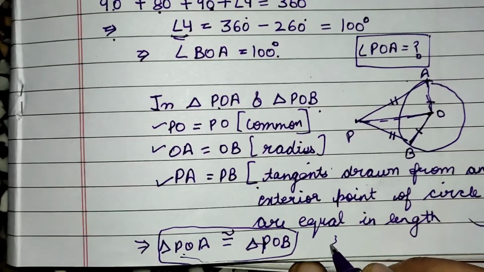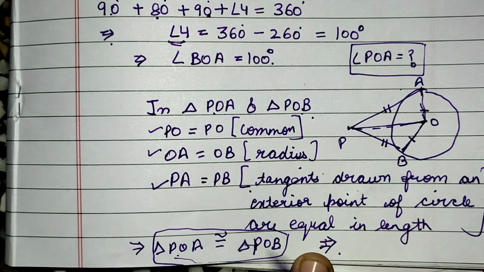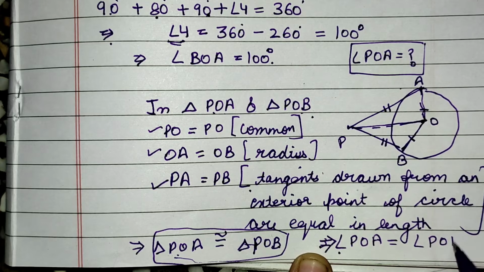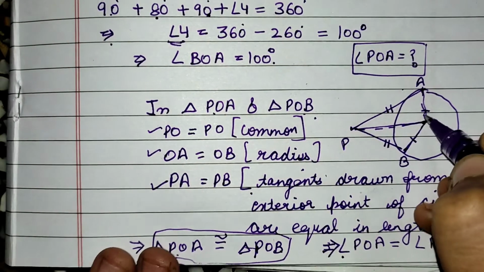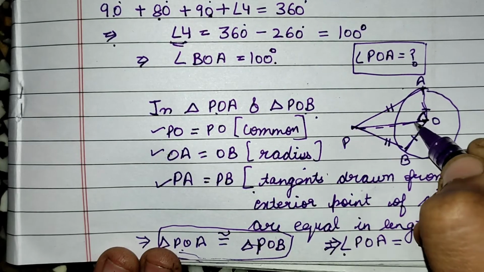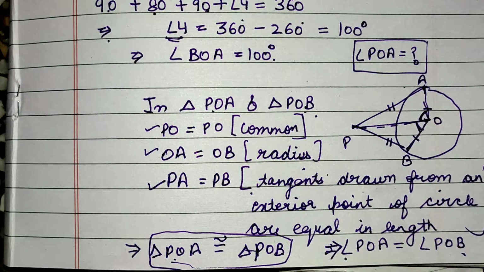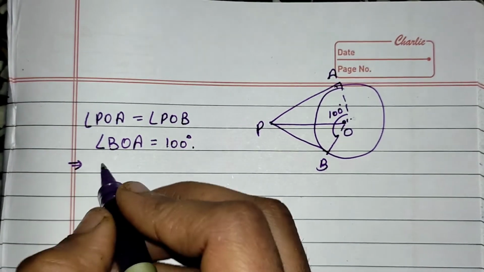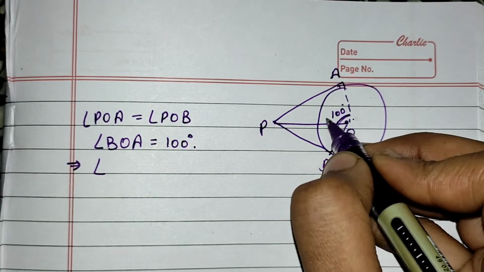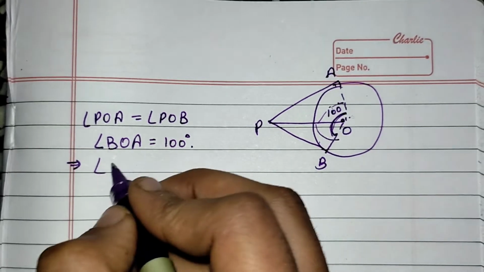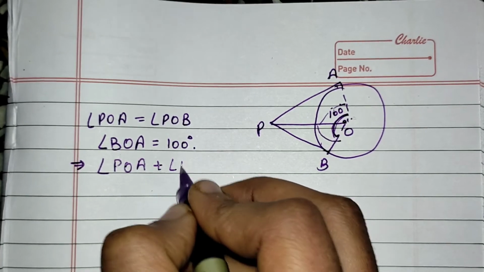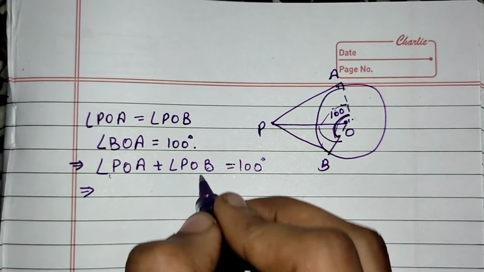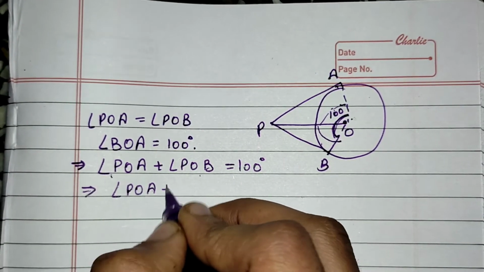That means by using the property of CPCT, we can say that angle POA is equal to angle POB. So I can write that this complete angle BOA is equal to the sum of these two angles, angle POA plus angle POB, which is equal to 100 degrees.